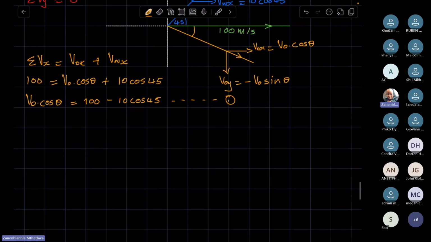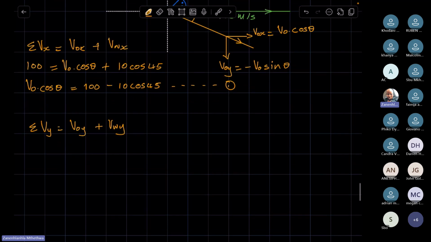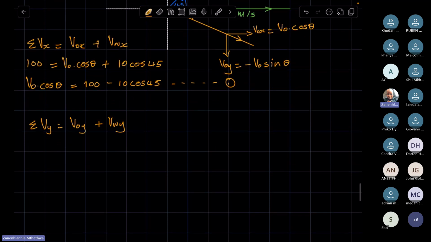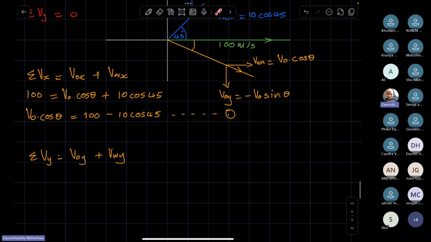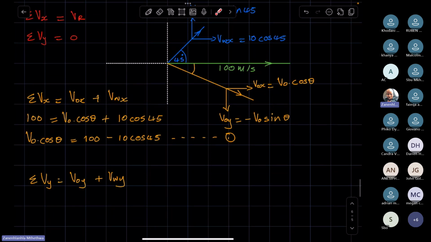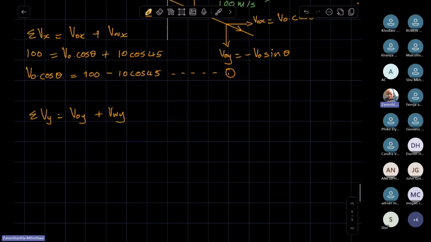Now to get your second equation, you again apply conditions of equilibrium. Sum of V in the y direction is equal to VO in the y direction plus VW in the y direction. Now we've already established that seeing that VR is parallel with the x-axis, the sum of V in the y direction is equal to 0, or approximately equal to 0.